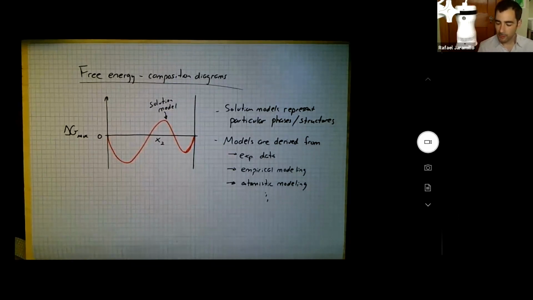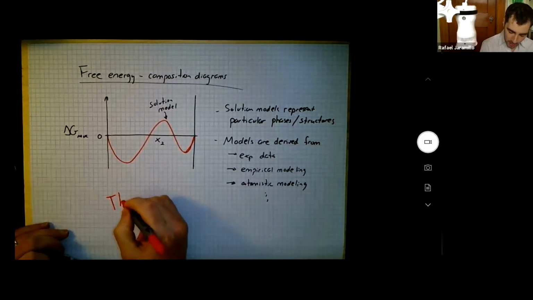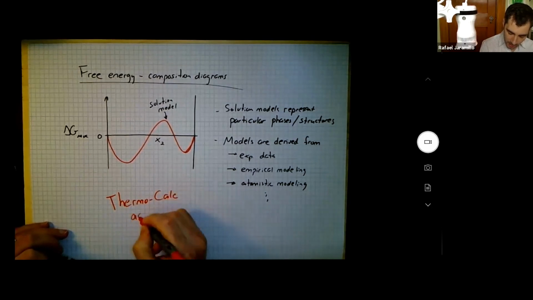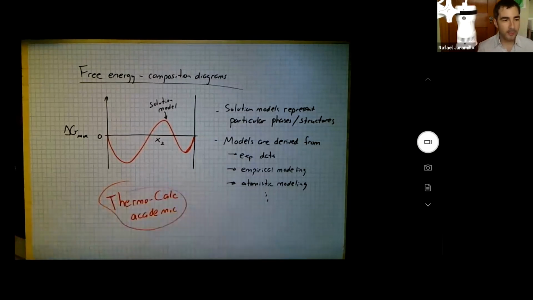So I'll remind you, again, Thermo-Calc academic, free software. Please download it, install it well before you start working on this next PSET. The reading for today is in DeHoff and Callister.